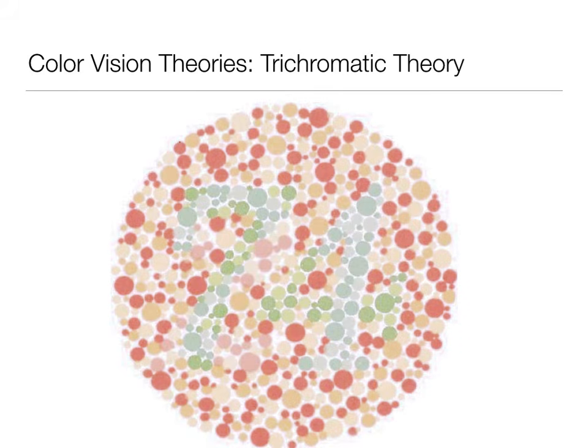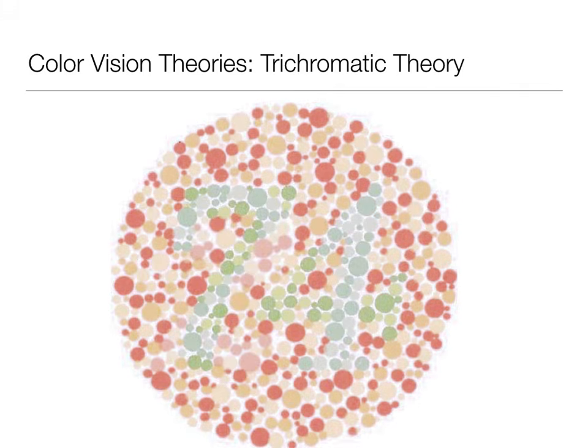Now, if you do have functioning cones, you should see a number in there. Depending on the clarity of your computer, it probably says 74, but if you see something else, that's okay too. That's going to be top-down processing at work. But probably 74 is what you're seeing.